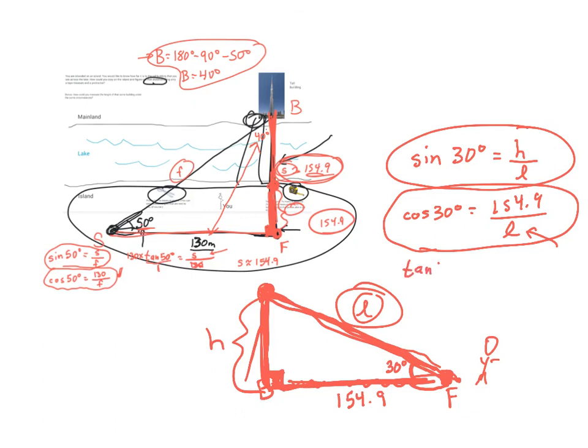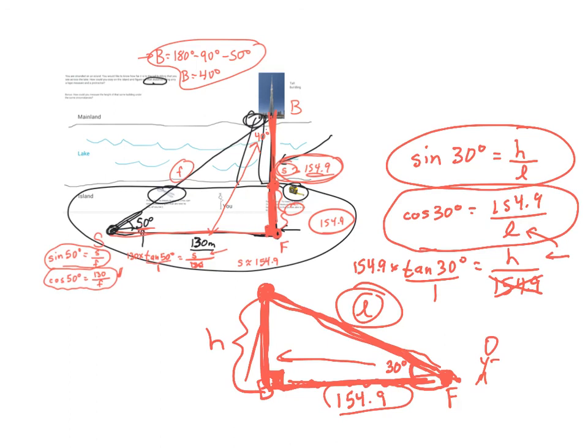Let's try tan. Tan of 30 degrees is equal to opposite H over adjacent 154.9. Now we have an equation with one variable, and it's the variable we're looking for. It's 154.9. I like to put that over one. Goes over here, 154.9 times tan of 30.